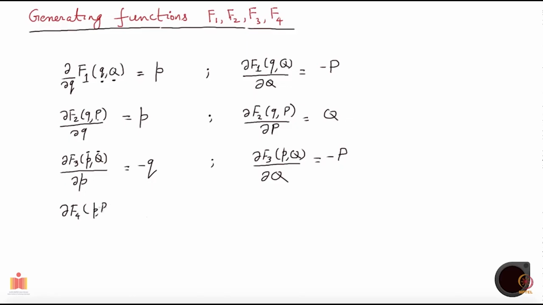Delta F4 over delta P is minus Q, and delta F4 is equal to Q, and here also this is conjugate to that and this is conjugate to that.